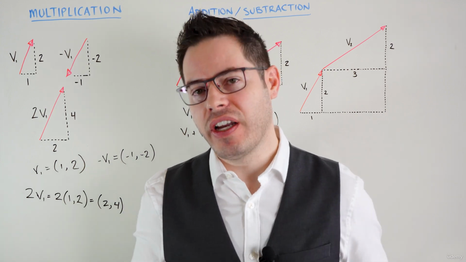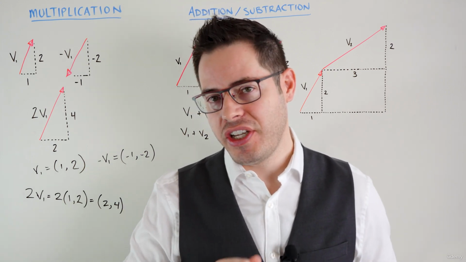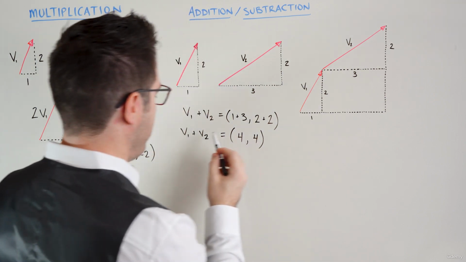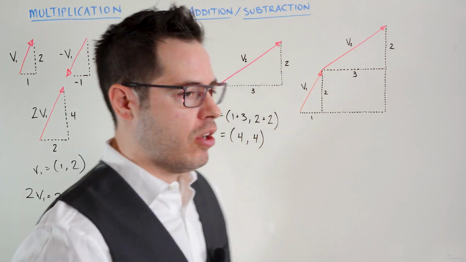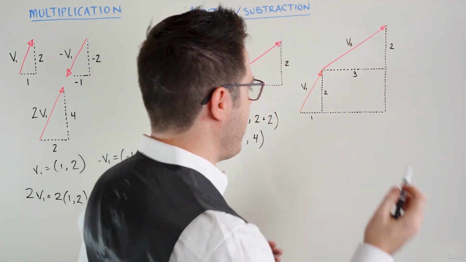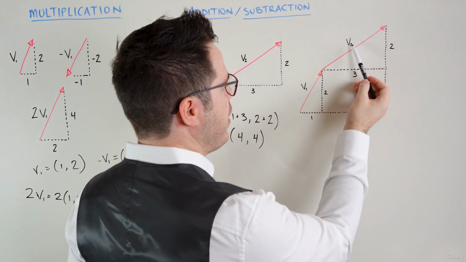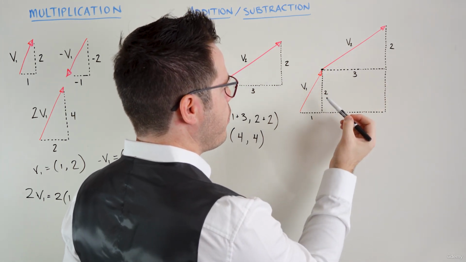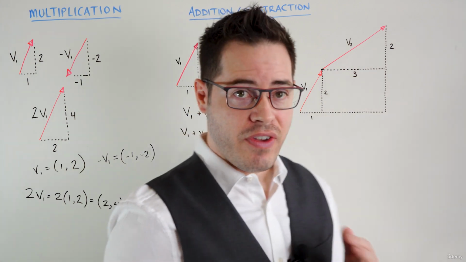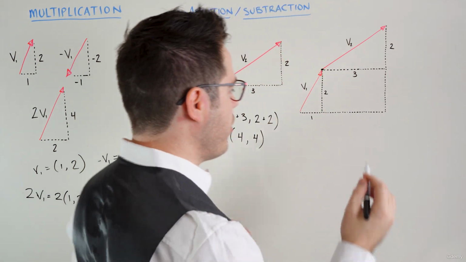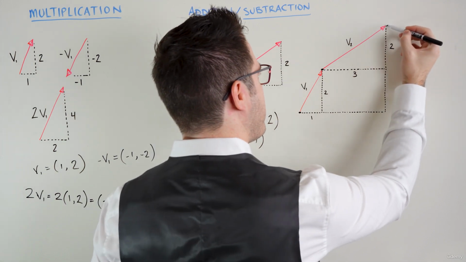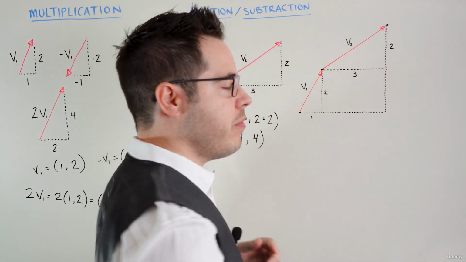If we add two vectors together, we have an interesting geometrical situation. Let's say I've added my vectors v1 and v2. Well, if I place the vectors like this, such that v2 has its tail at the head of v1, then the result of this vector addition is the vector starting at v1's tail and ending at v2's head.